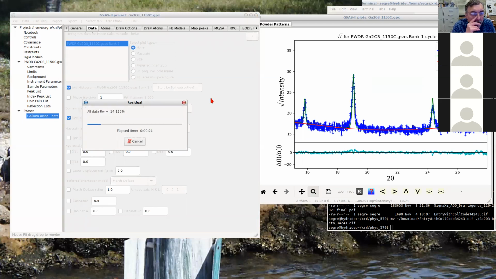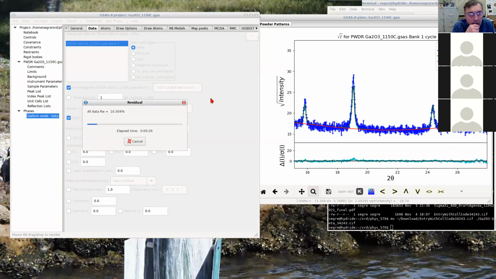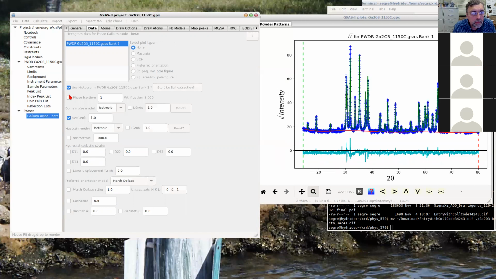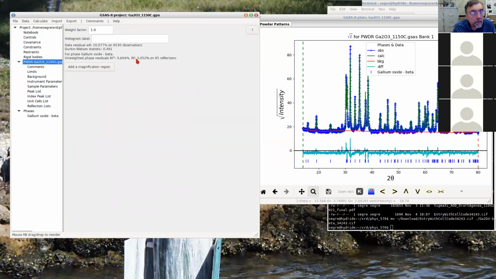You notice it goes up and then comes back down and finds a new minimum. And we're getting down to 10. Our refined phase is on the order of 3.08052, which is not bad.